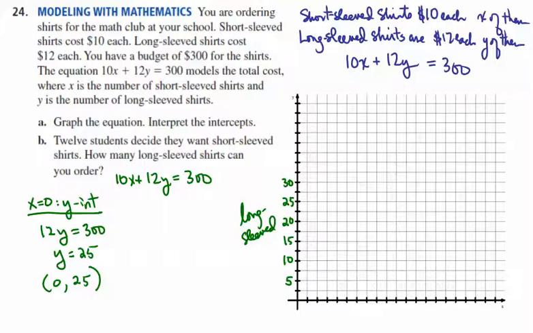Along the x-axis, we have our short sleeve shirts. Now let's find the x-coordinate first. Before we start to scale, we should find the x-intercept.